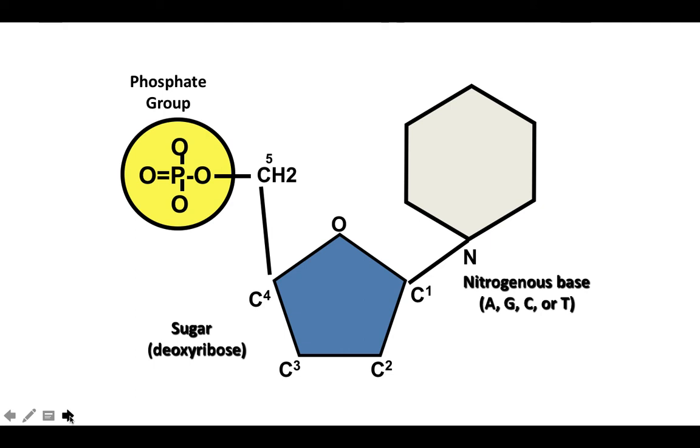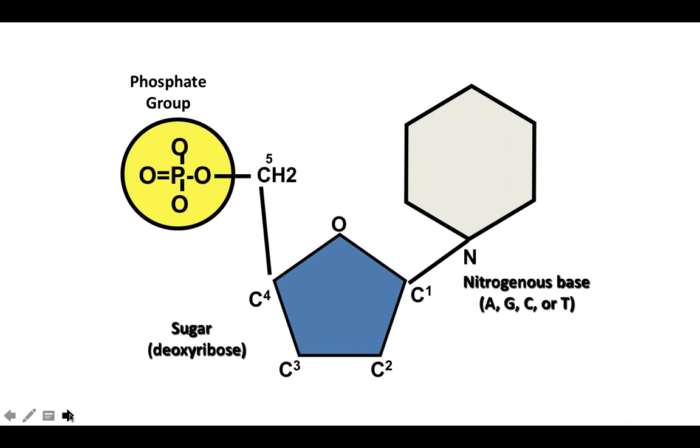It is attached to carbon number 1 of our deoxyribose sugar. Together, we call a nitrogenous base with an associated sugar that has an attached phosphate group a nucleotide. So nucleotides are the fundamental units of nucleic acids.